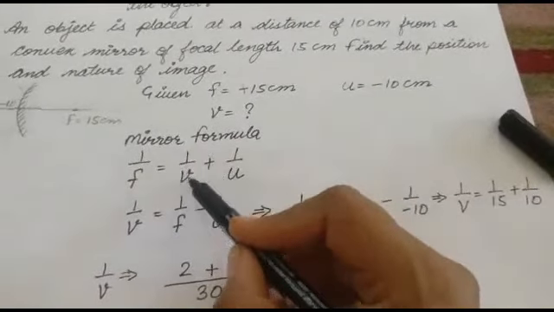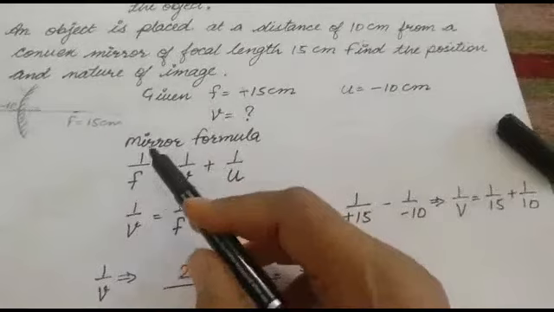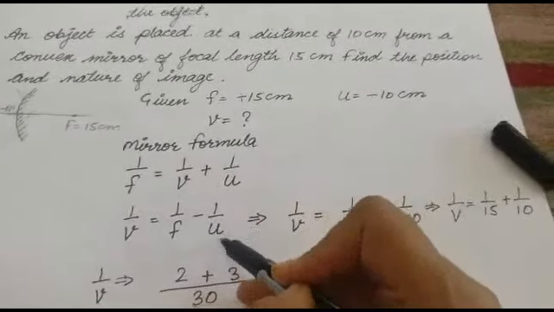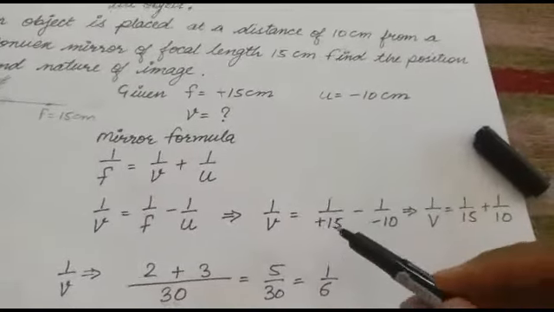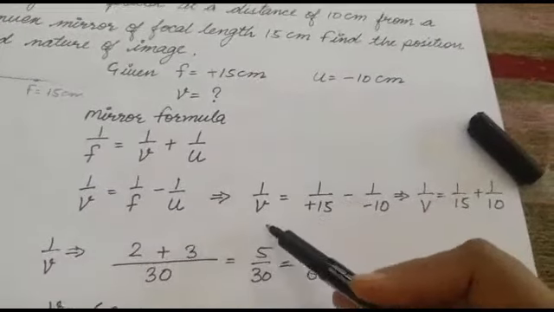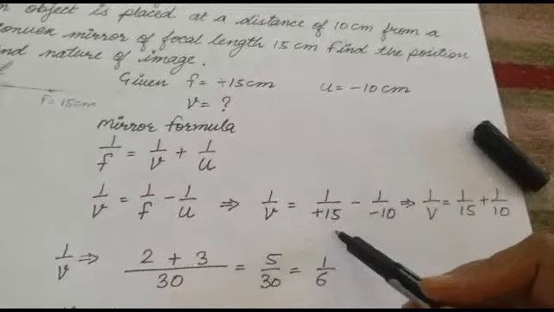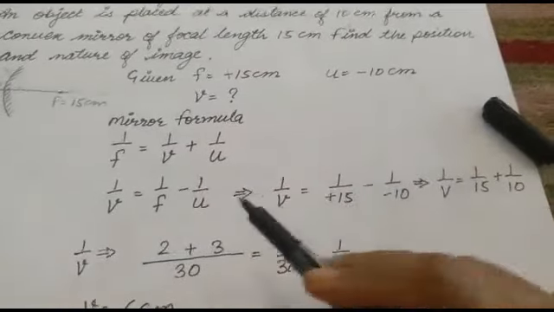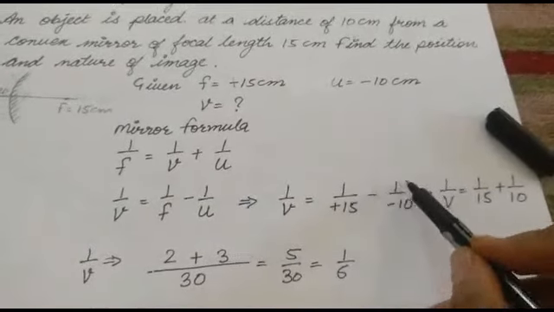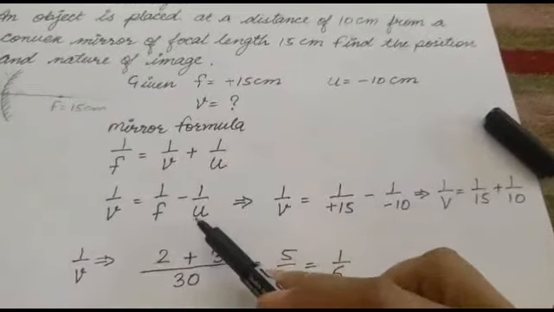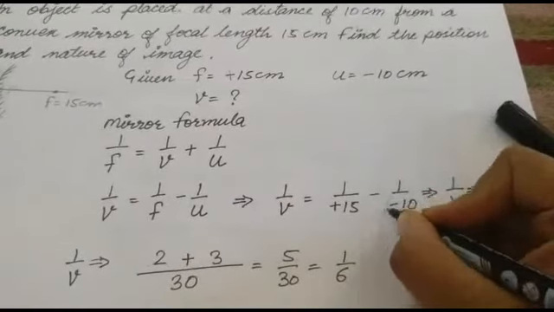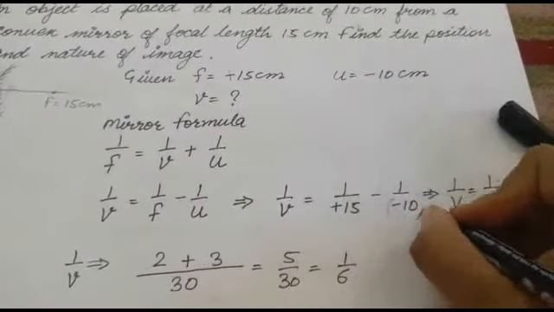So what we get? 1/v = 1/f - 1/u. Now we will put the values from the question. 1/v = 1/15, because the focal length of the convex mirror is plus 15, minus 1/u, and the value of u is minus 10. The distance of the object is minus 10.